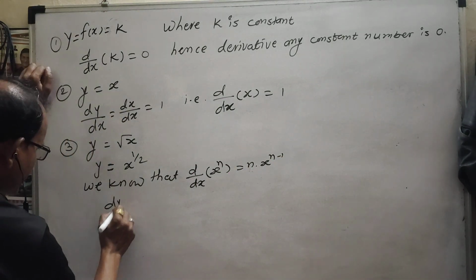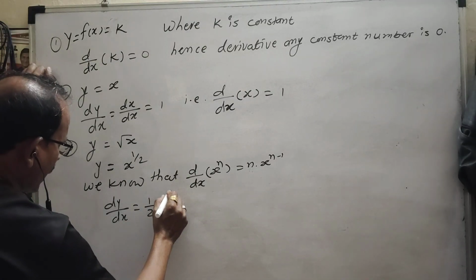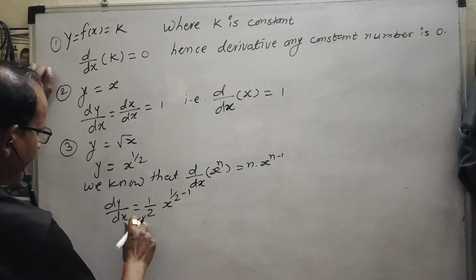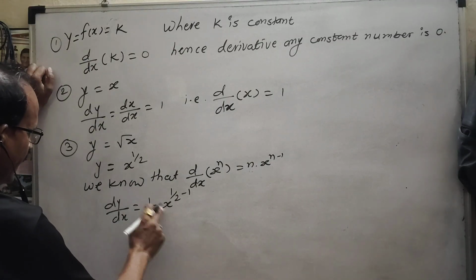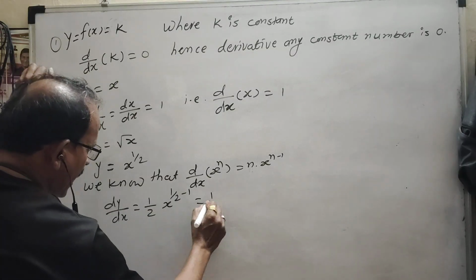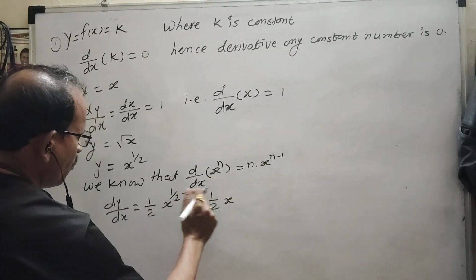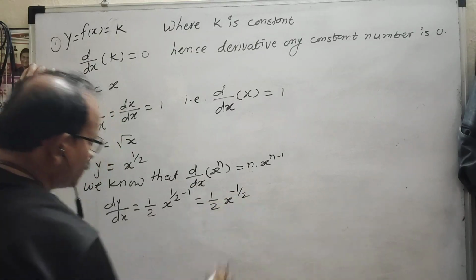Here dy by dx is equal to half x raised to half minus 1, n means half, x raised to n minus 1 means half minus 1, which is half x raised to minus 1 by 2.